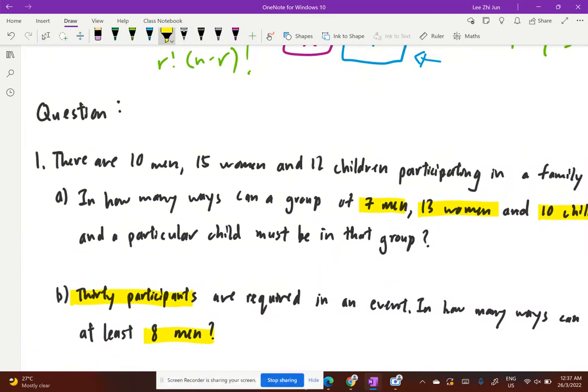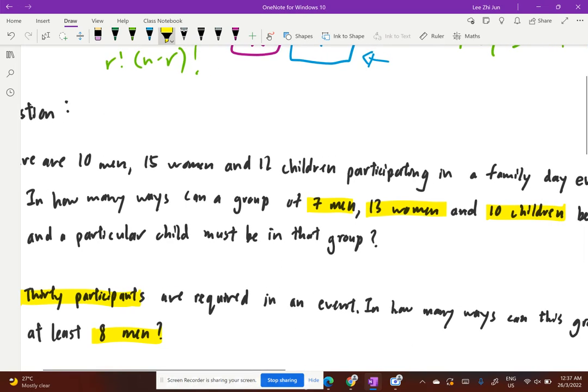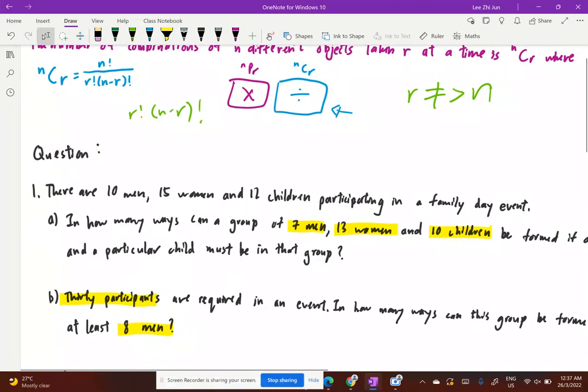Okay. So the condition here is 7 men, 13 women, and 10 children. Among the 13 women, one must join that group, and from the 10 children, one must join the group.